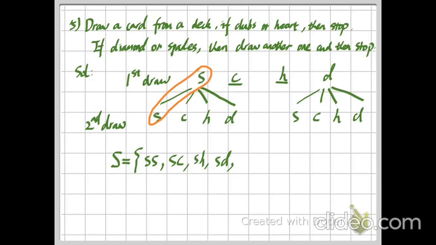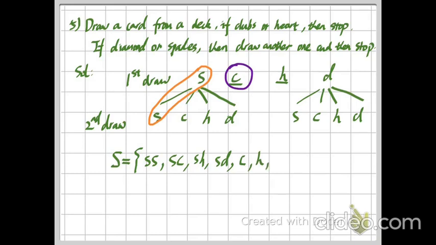So now the next one is a little different, because now we can only have 1 draw. That means the possible outcome in this experiment is only a C. So we only get a collapse when we have the first draw and then stop. And the next is only get a heart.